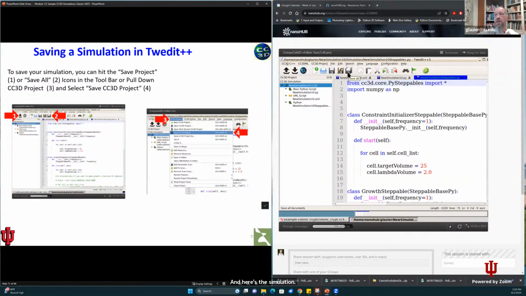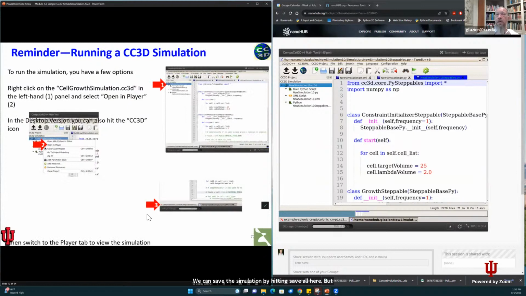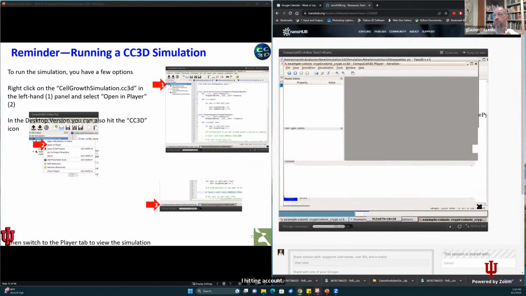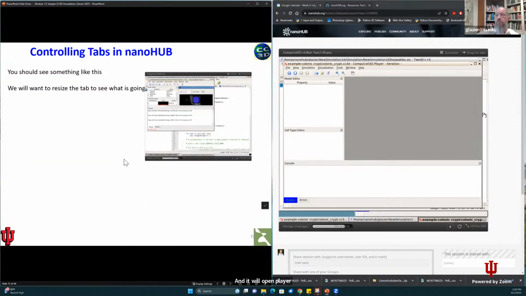We can save the simulation by hitting Save All here, which I recommend doing periodically. And now you want to open the simulation. So I'm going to open the simulation in Player by hitting the CompuCell icon. And it'll open Player. And I can hit Run.